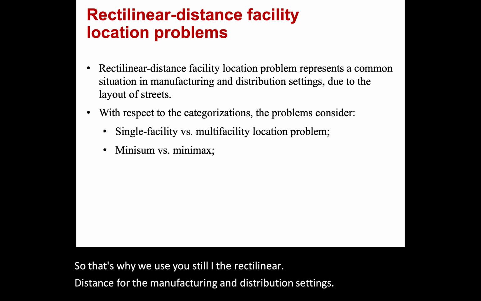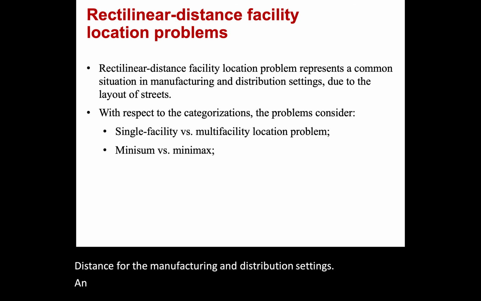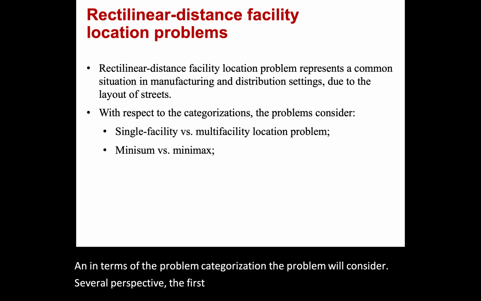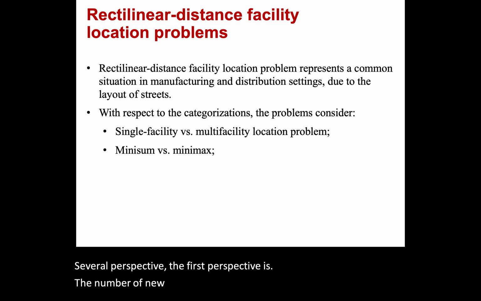And in terms of the problem categorization, the problem will consider several perspectives. The first perspective is the number of new facilities. So we will divide them into the single facility and multi facility.